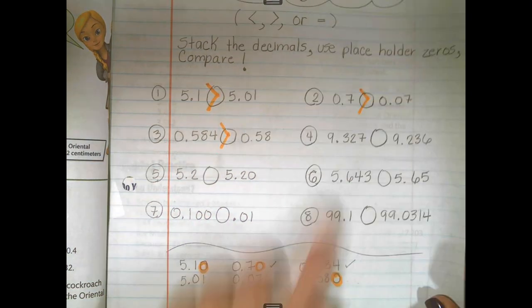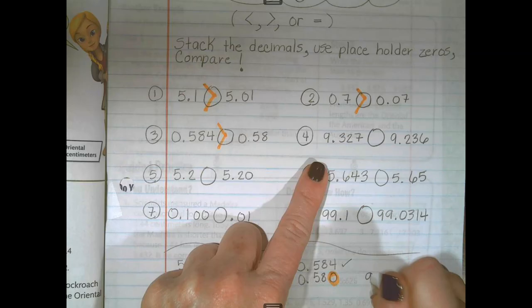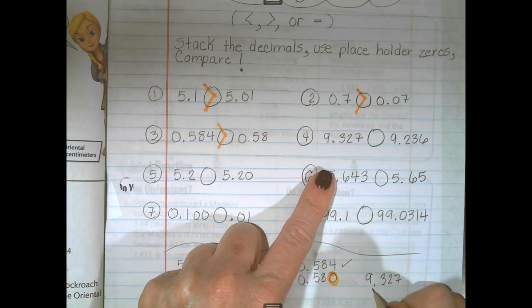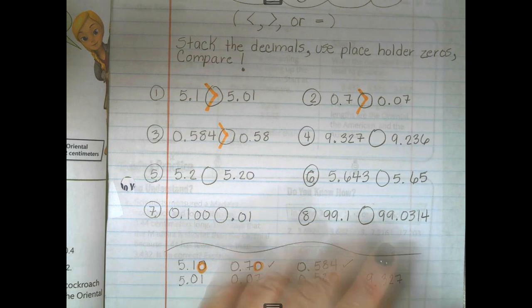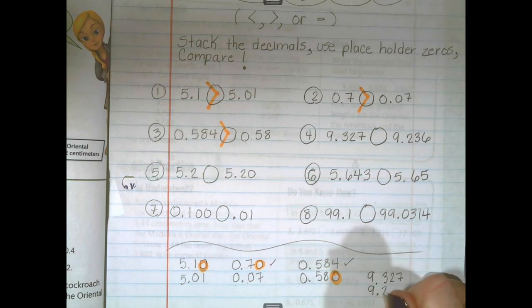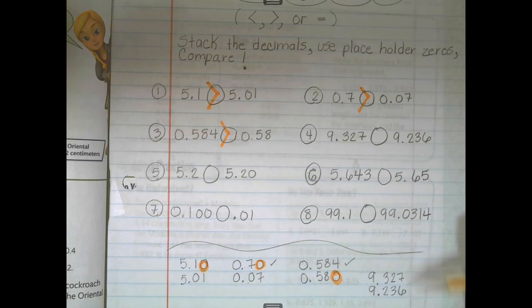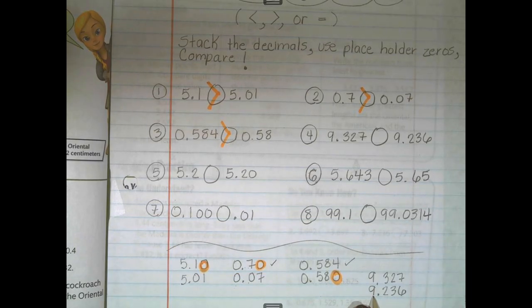All right, number 4, 9 and 327 thousandths versus 9 and 236 thousandths. What I notice here is they both have 3 digits behind the decimal point, so I do not need to add any zeros. The 9 ones are the same.